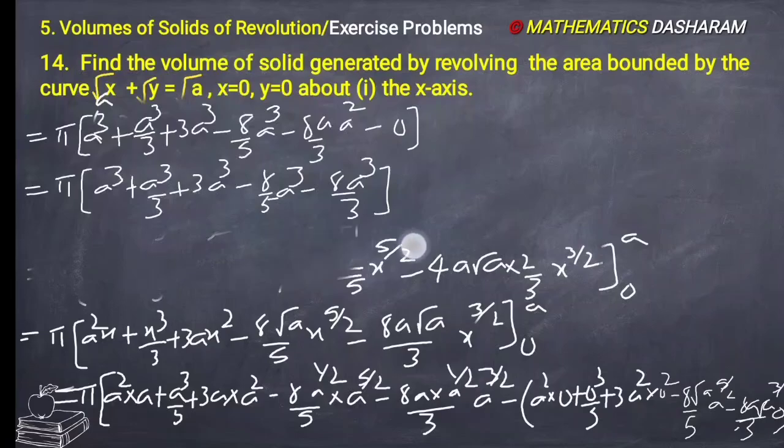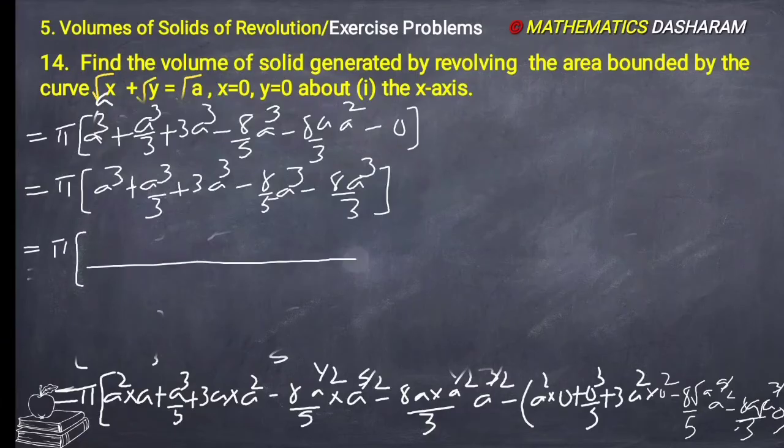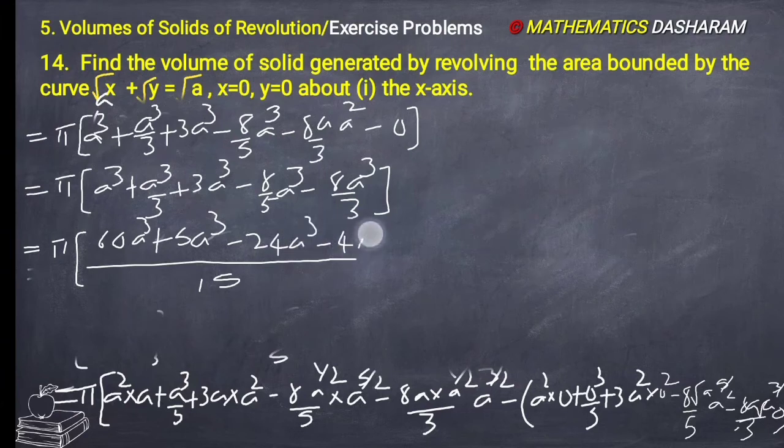So then what is the LCM here? 15 is the LCM. Then a³ plus 3a³ is 4a³, 4 fifteens are 60a³, next plus 15 times 3 is 45... 5a³, minus 8 threes are 24a³, minus 40a³.